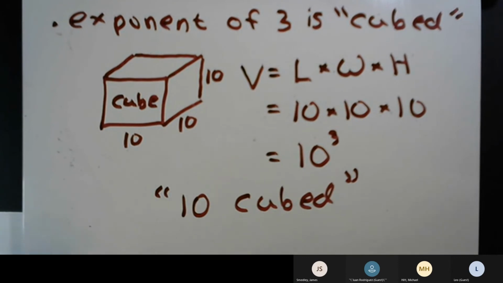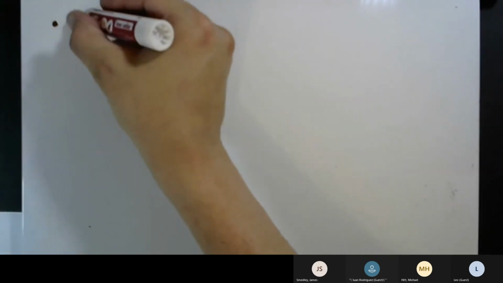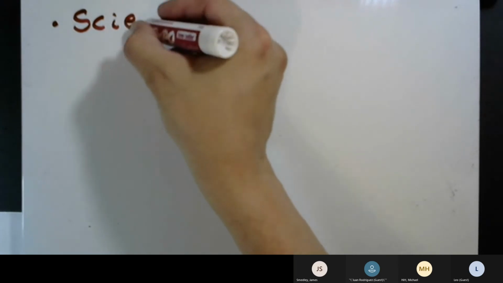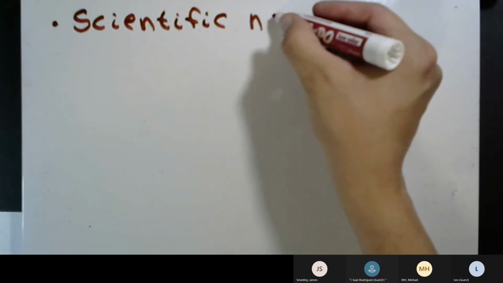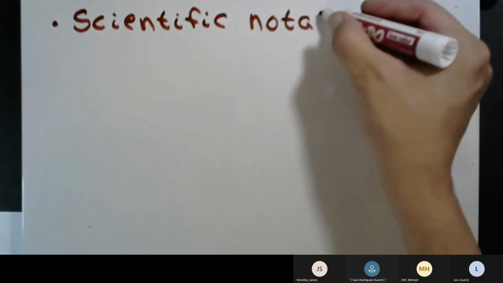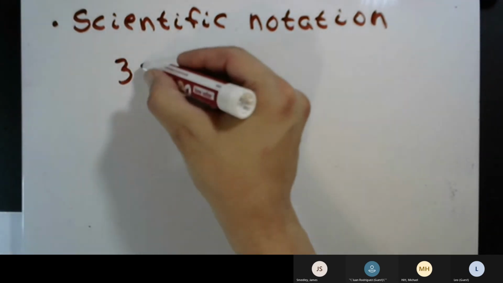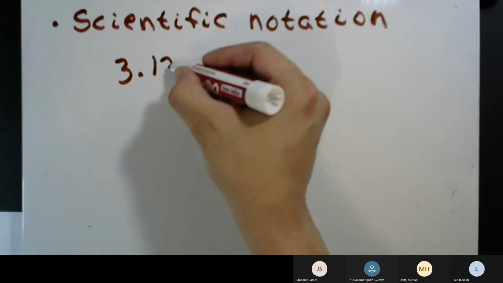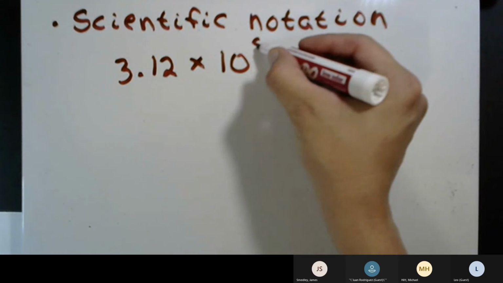Now, another use you'll see exponents in is in scientific notation. And you might have seen this before, like 3.12 times 10 to the, say, the 8th.